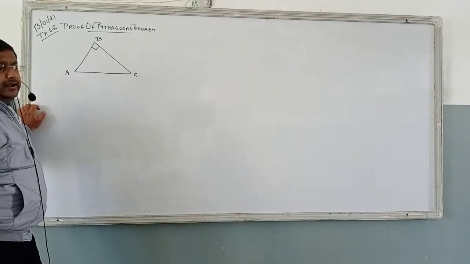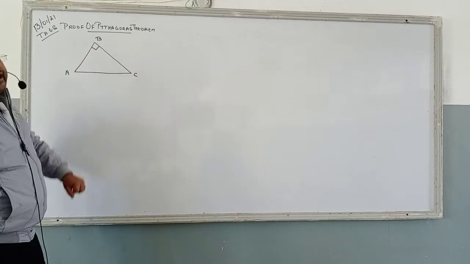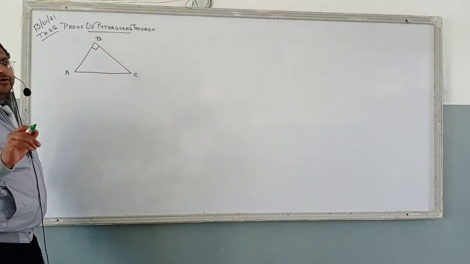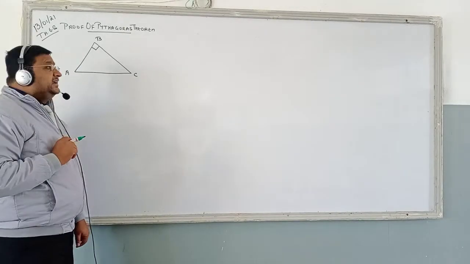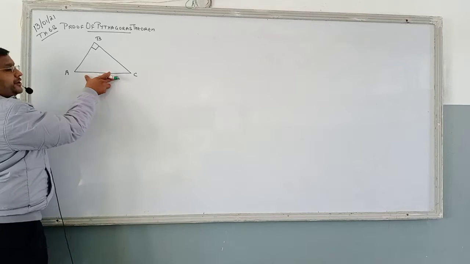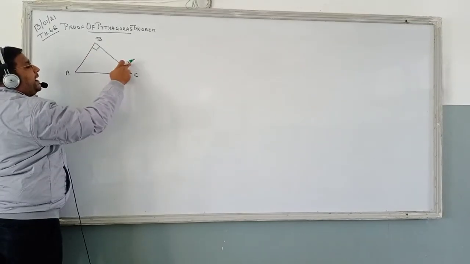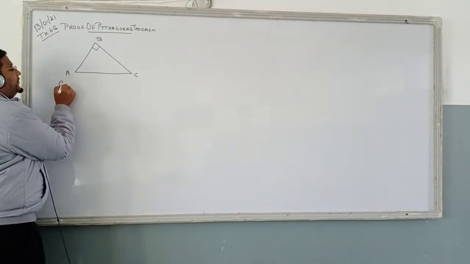But of the rest of the two sides, any of them can be perpendicular, any of them can be base. That is why the figure is drawn in such a manner, so that you don't get confused about which is perpendicular and which is base. It says the square of the hypotenuse, that is AC square, is equal to the sum of the squares of the other two sides. What are we given?